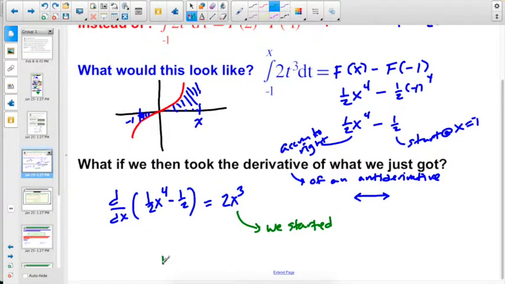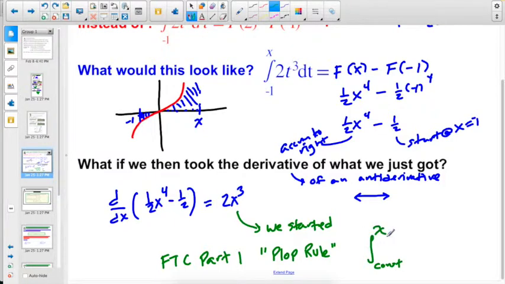So we call this the Fundamental Theorem of Calculus, Part 1, and a lot of people call it the plop rule. And that is basically if we have a definite integral with a constant value as the lower bound and an x as the upper bound, then whatever function we have inside, if we take the derivative of that antiderivative, we can just plop in the x.